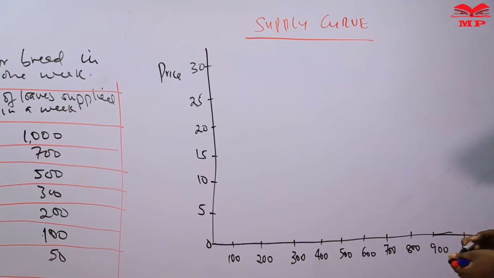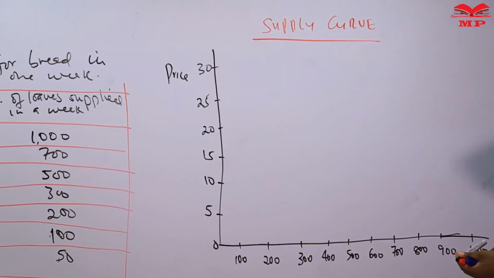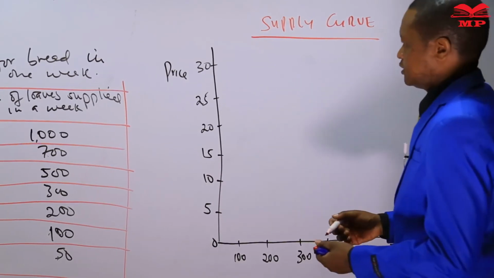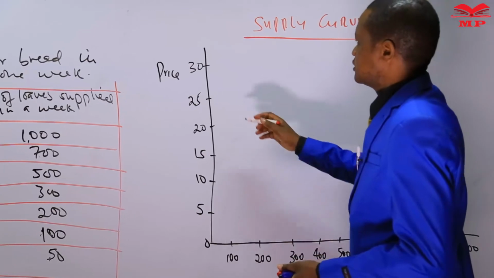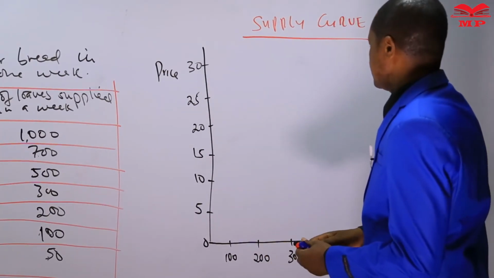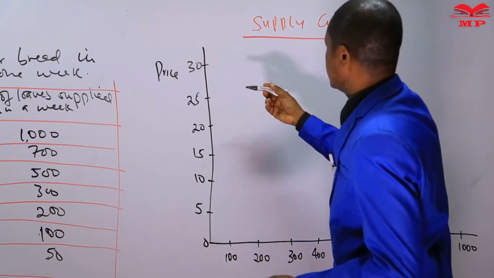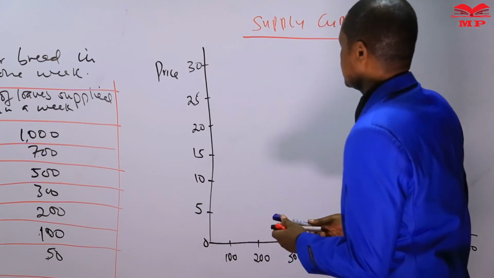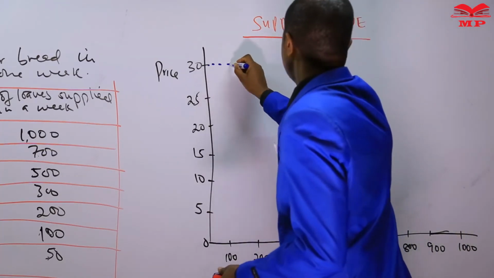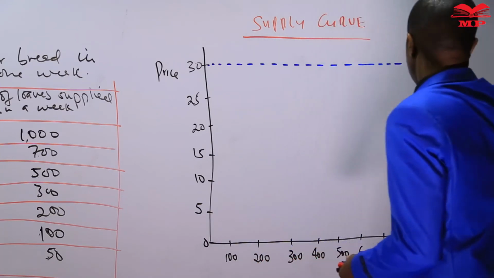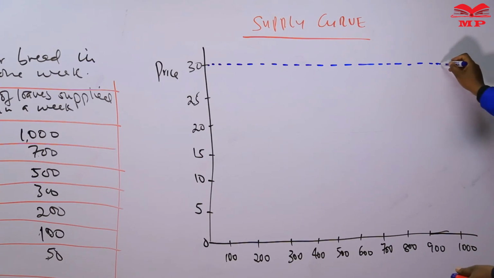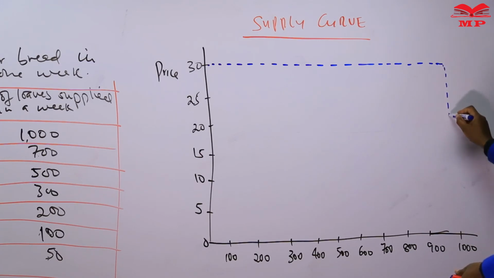So when the price is at 30 shillings, the quantity supplied here is 1,000 loaves.